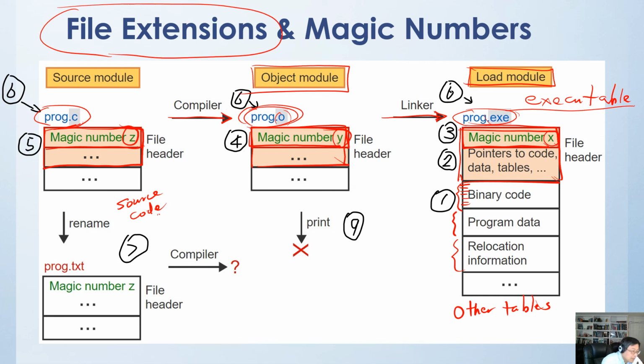But the user can see the file extension, so the user can change it. If the user changed the file extension from .c, for example, to prog.txt, it just changed the file extension. It doesn't change the type of the file, so it doesn't change the magical number. It's still the magical number Z.